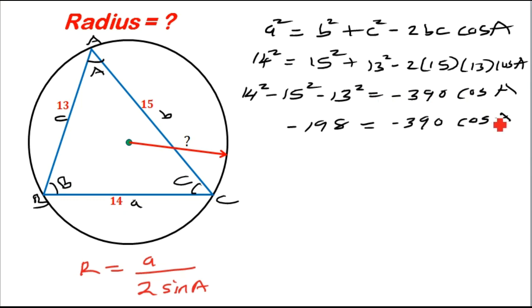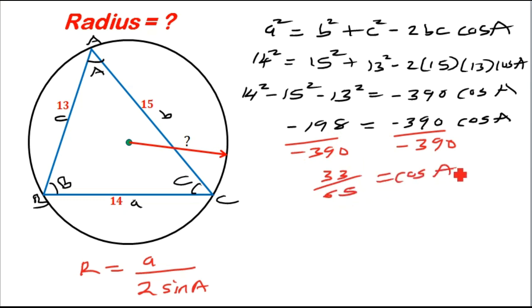For you to get cos A, we divide both sides by negative 390. So negative 198 over negative 390, you get 33 over 65 equals cos A.